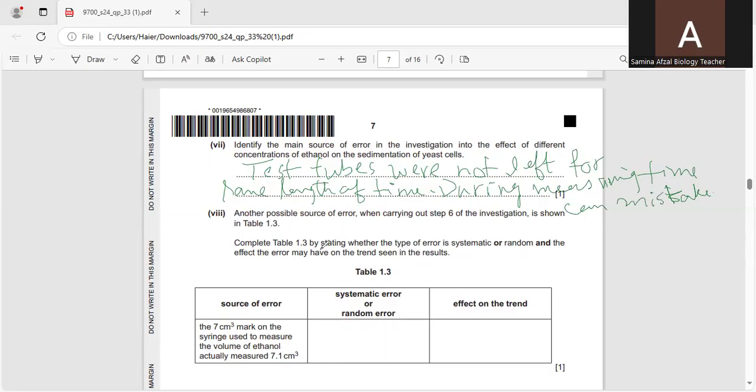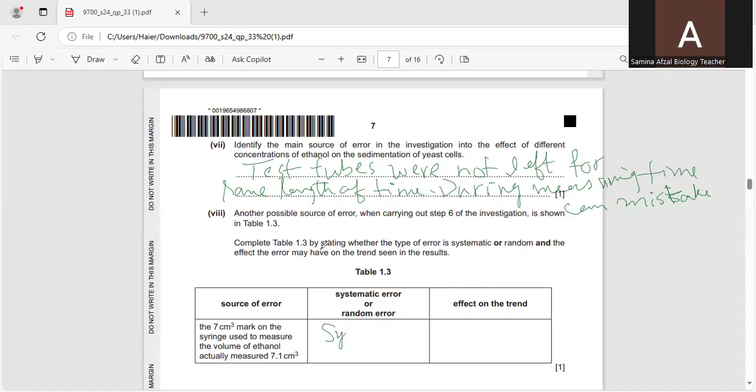So this type of error, you can say it is systematic error, because when you are measuring with the help of a syringe, quite possibly when you are pulling the plunger, at that time you pull more than the 7. It can be 7.1, or it can be less than 7.